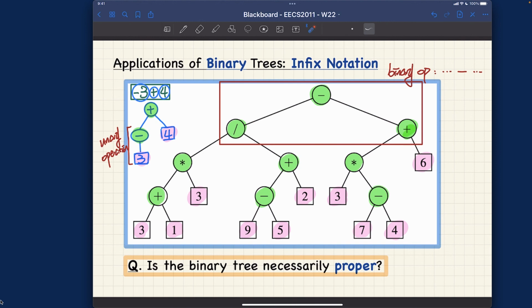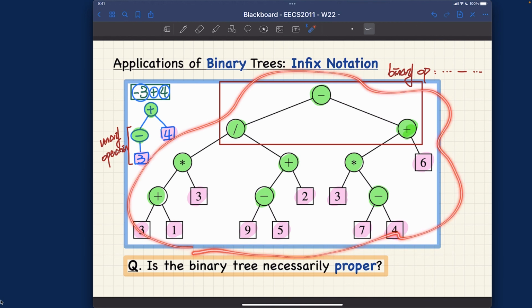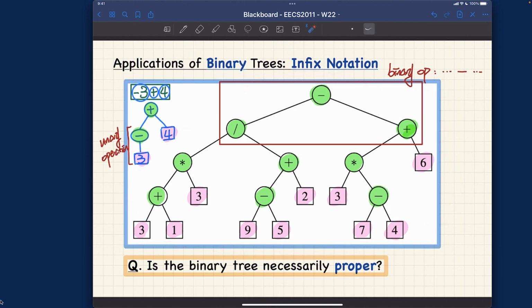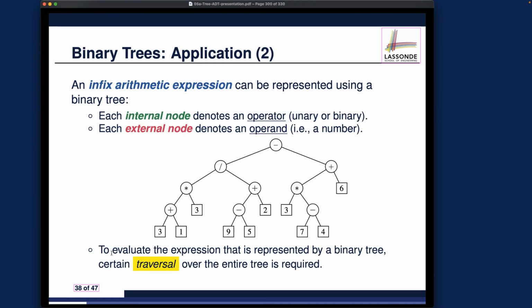We don't even know what this expression really is. It's actually rather complicated, so that will be the topic for the next part. Let me just show you the bullet points, and then we can get ready for the next part. To evaluate the expression that's encoded in the tree, a certain traversal over the entire tree will be required. So that's something we can discuss in the next part.